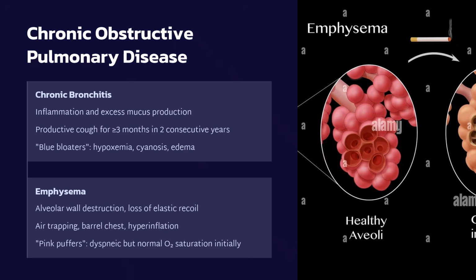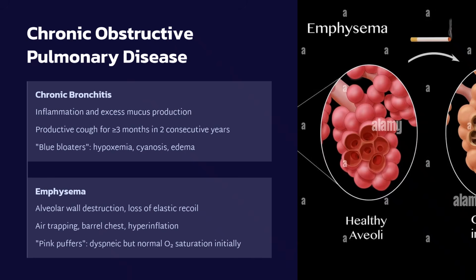On the other hand, we have your emphysema, wherein alveolar wall destruction and loss of elastic recoil is prominent. So we have your air trapping, barrel chest, and hyperinflation. In emphysema, they don't have hypoxemia initially because they are termed pink puffers.